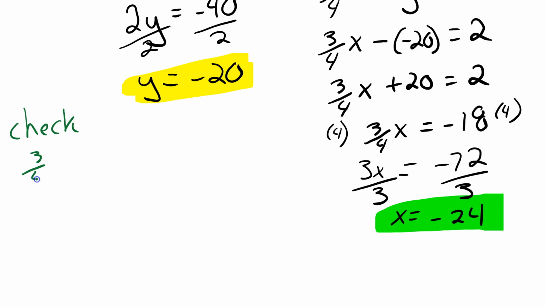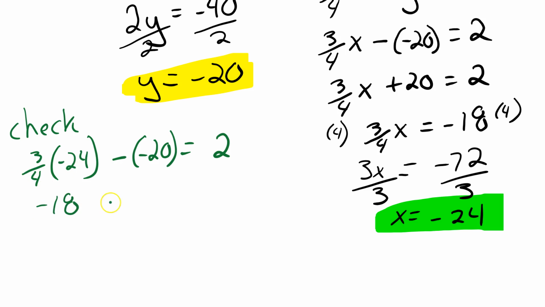So I have 3/4 times negative 24, subtract negative 20, and this should equal 2. 3 times negative 24 divided by 4 is negative 18. Plus 20. Negative 18 plus 20 is 2. And yep, got a good check here. Now let's go to our second equation.